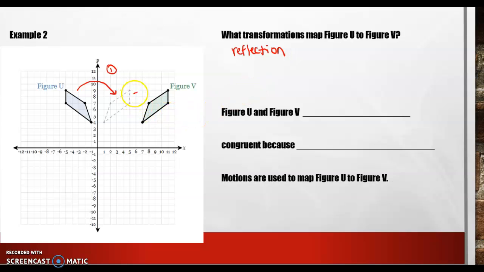And then to get to figure V, step 2, I did a translation, which shifted it to the right. So these are both rigid motions. So figure U and figure V are congruent because only rigid motions were used to map figure U to figure V.